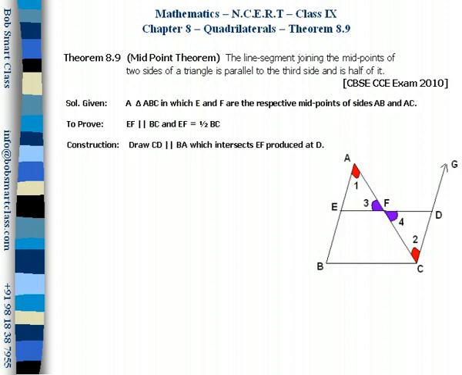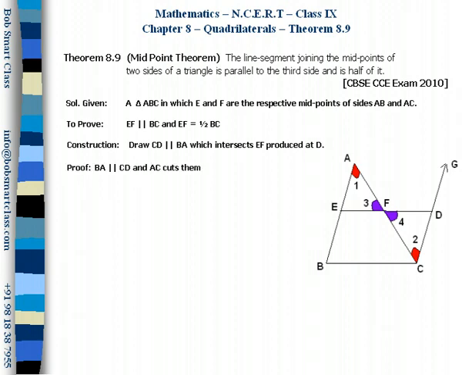Construction: we will draw CD parallel to BA, which intersects EF produced at point D. Now let's try to prove it.